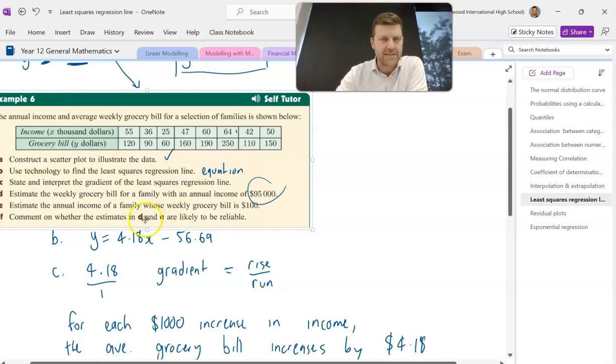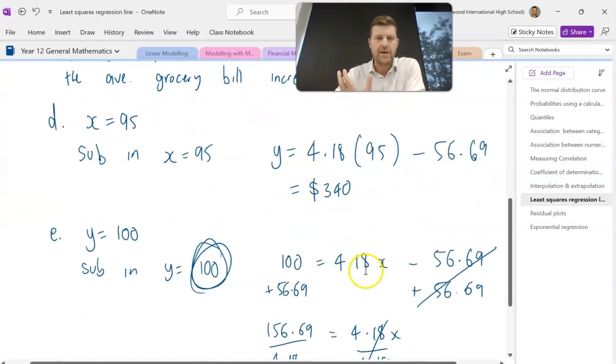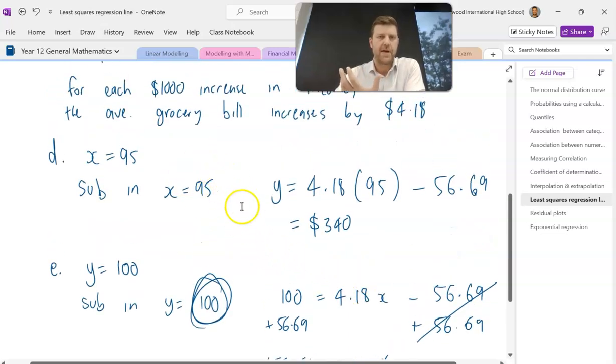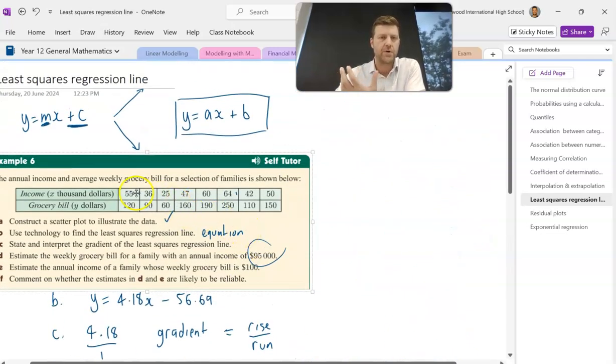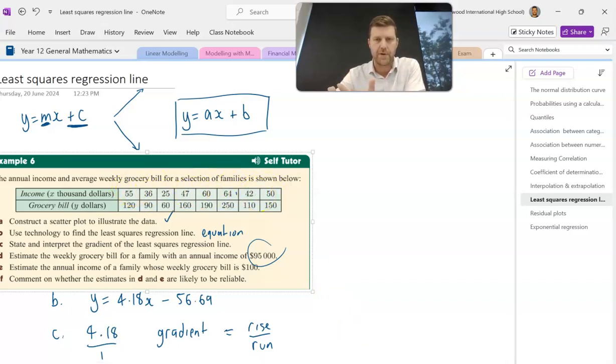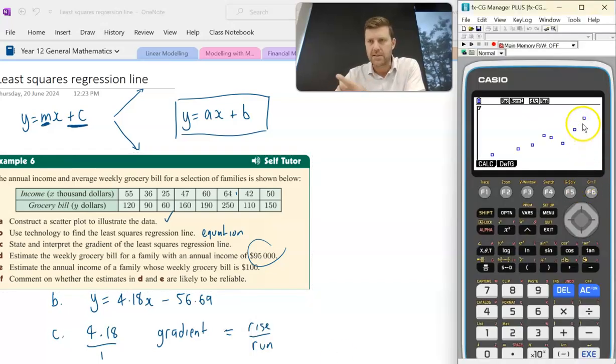Whereas D is not as reliable because the value we were given here was 95,000. And 95,000, if you look at it, is larger than any value in the real data. If we look at that scatter plot, this last point refers to someone who earns $64,000 and spends $250 per week on their grocery bill.